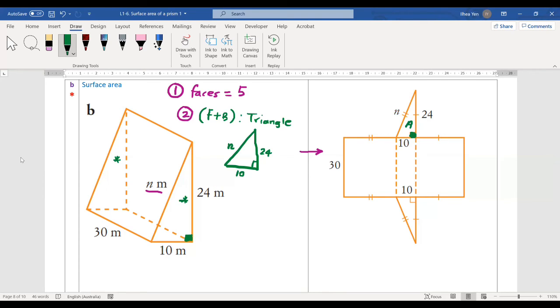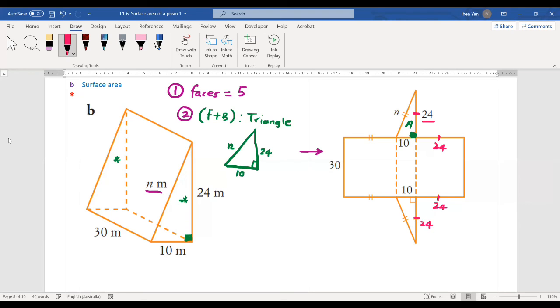And what about this one? Let's put all the measurements here. So that's 24 here, and therefore that's 24. Why? Because they're all the same side here. 24, 24, 24, and also here 24.